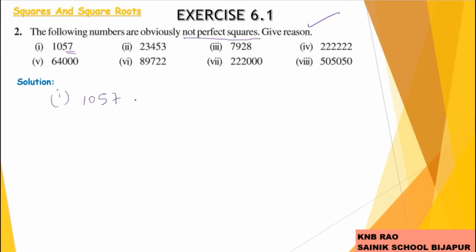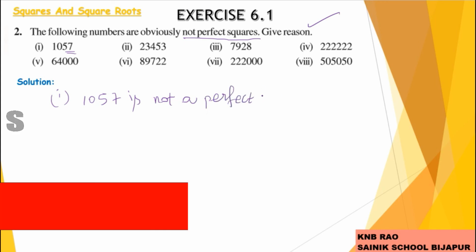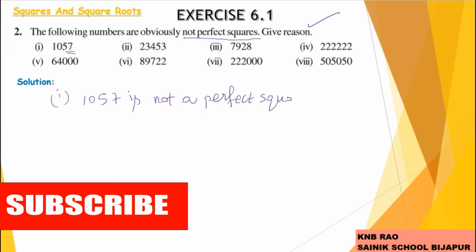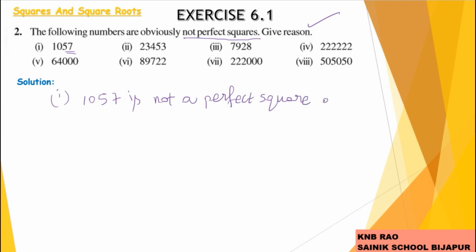1057 is not a perfect square as it is ending with 7.